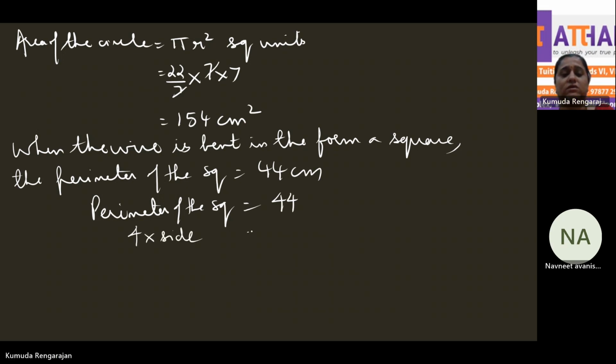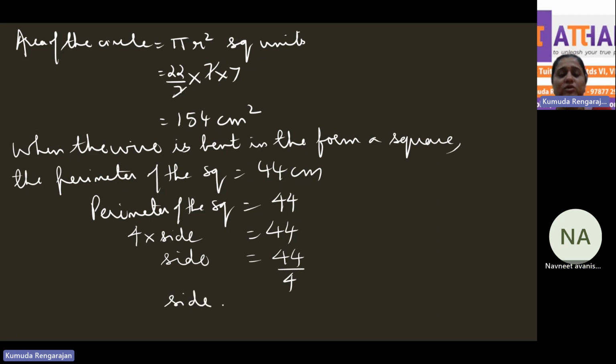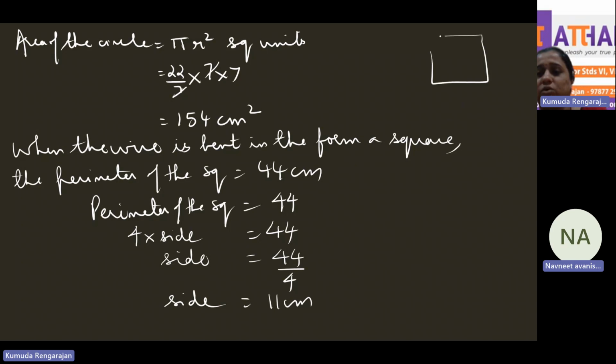So side is equal to 44 by 4. So the side of the square is equal to 11 centimeter. Correct? Because the total length is 44, so it will be 11, 11, 11, 11.